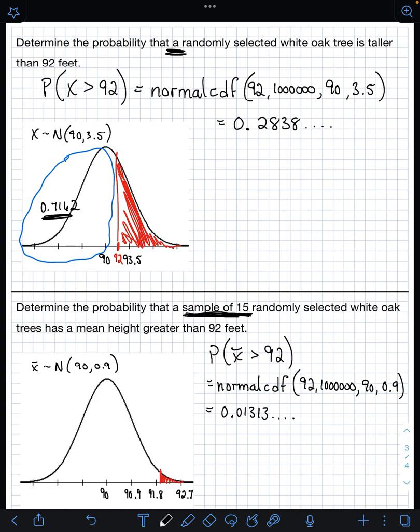But if we're being asked about the probability of a sample having a mean, that's when we're going to turn to the central limit theorem and use the formulas mu sub x bar equals mu and sigma sub x bar equals sigma over the square root of n.